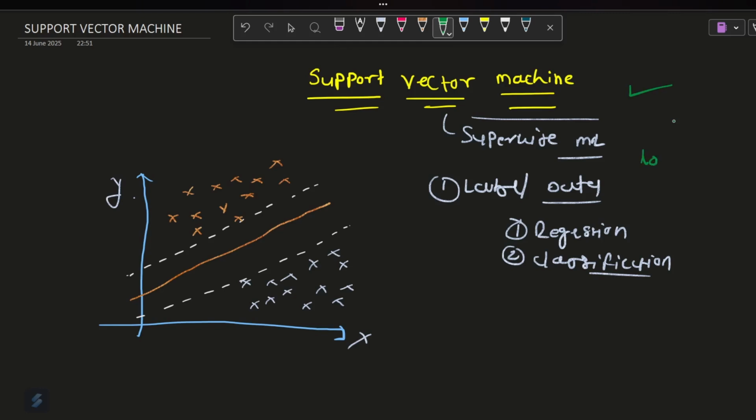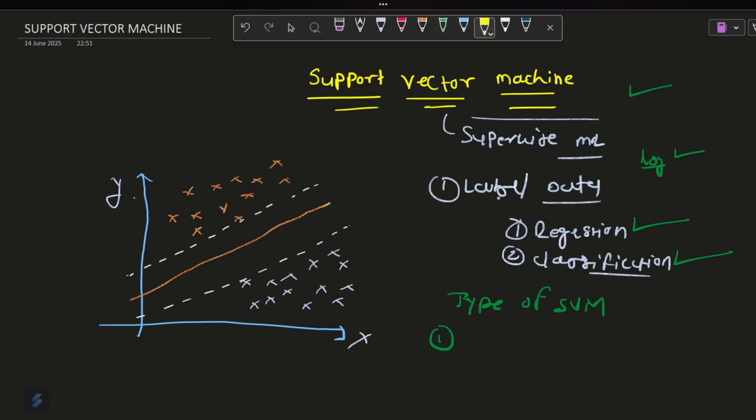In logistic regression, you solve a classification problem. Similarly, in support vector machine, you solve both regression problems as well as classification problems. So in that case, you have two types of SVM.